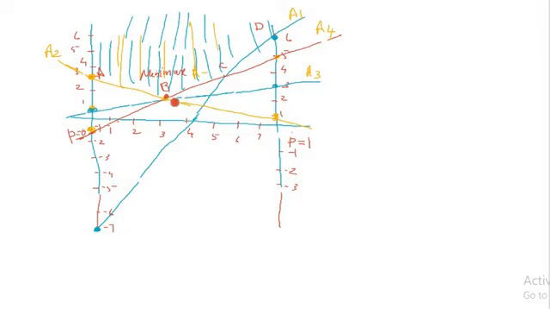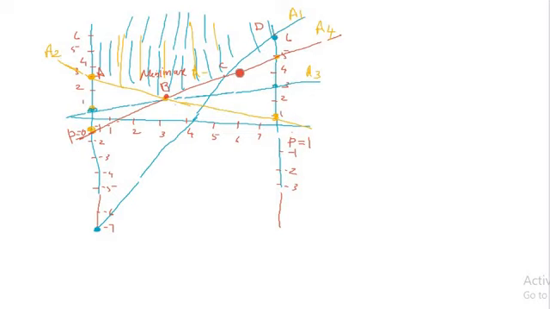If there are more than 2 lines intersecting at a common point, choose the 2 lines with opposite slopes. Here A2 and A4 have opposite slopes. So choose the lines A2 and A4.